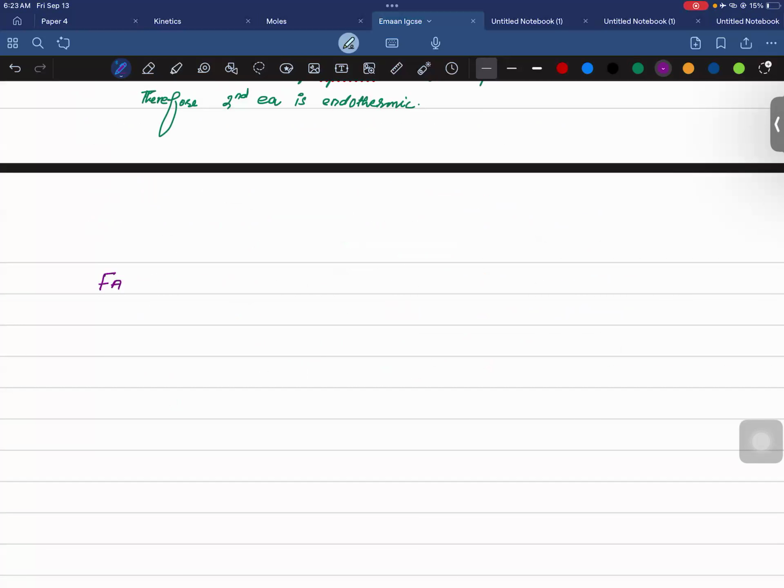So see, let's suppose this is fluorine and this is chlorine. It's 9 and it's 17. Both are in group 17. This is my question. Which is going to gain electron first? Fluorine or chlorine? What do you think?